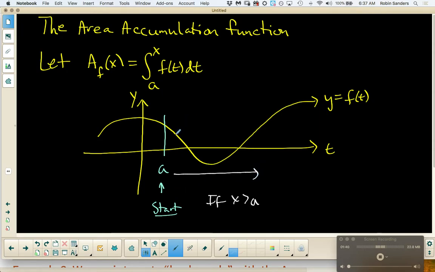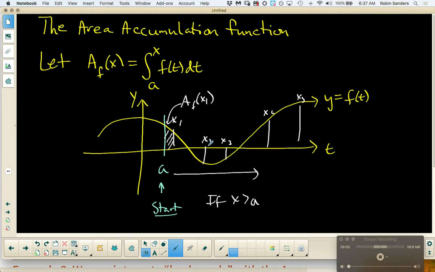And I'm going to draw several little candidates for that particular x. So we've got an x1 and an x2 and an x3 and an x4 and an x5. And essentially, A f of x1 would be that little chunk of area.